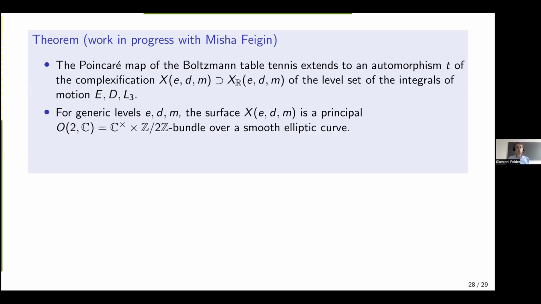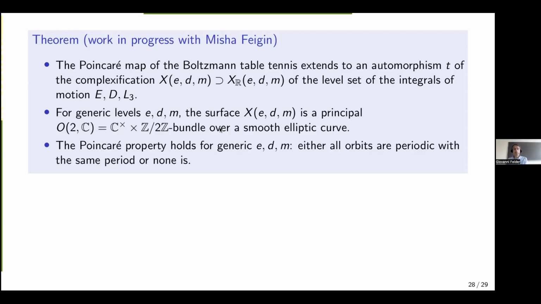The structure group is a complexification of O2, which is C star and Z mod 2. So it has 2 components, right? This surface X has 2 components, because it's a principal bundle and the structure group is not connected. Maybe it doesn't follow, but it is a fact that we have these 2 components.